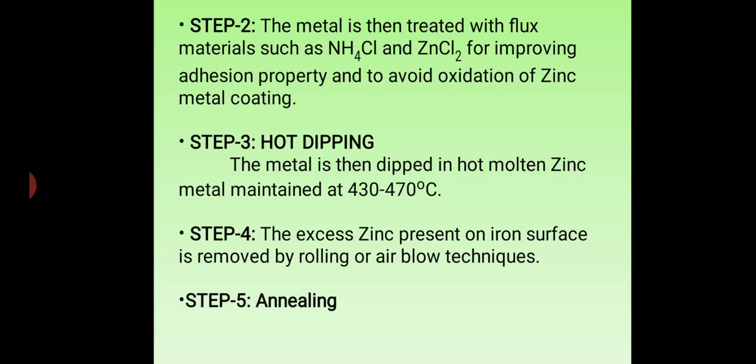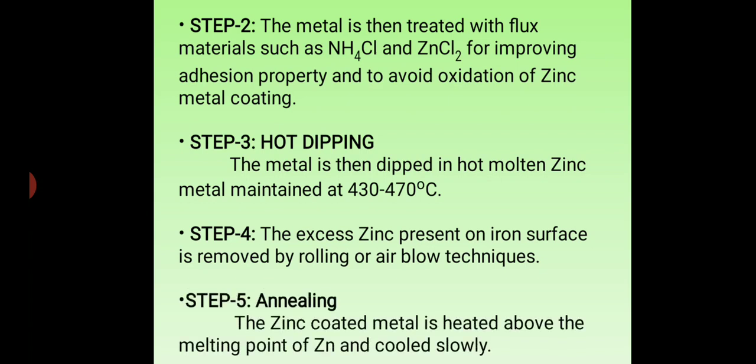Now the last step is annealing. Here the zinc coated metal is heated above the melting point of zinc and cooled slowly, to make sure that the coating is firm. So this is our hot dipping process.